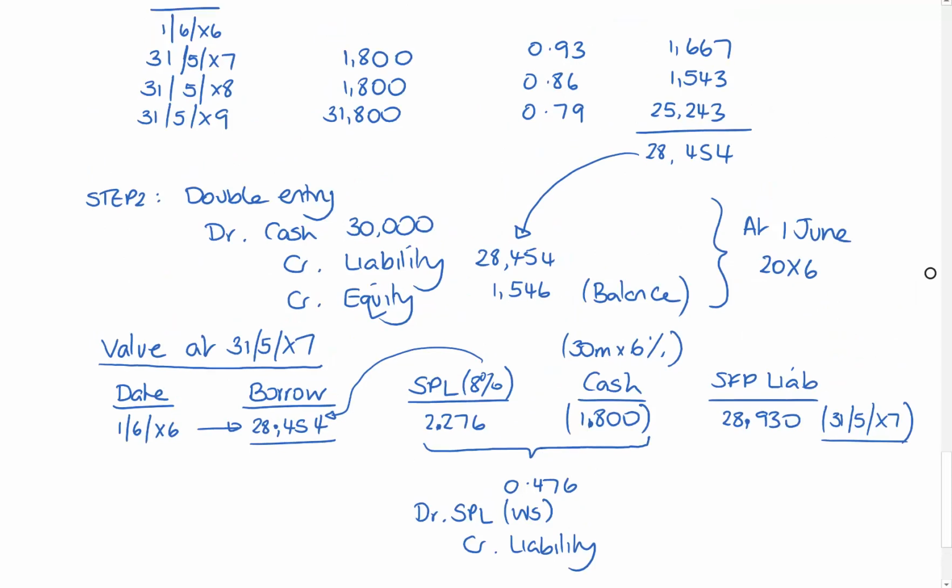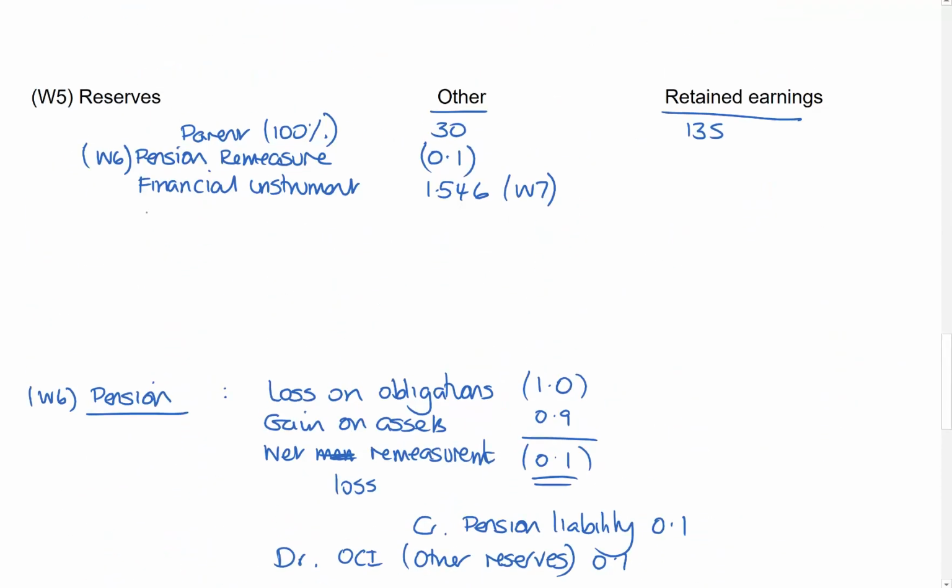So what I'm going to have to do here is to reduce my profits, interest on financial instrument, from working number 7, 0.476. Okay, so that's note D.